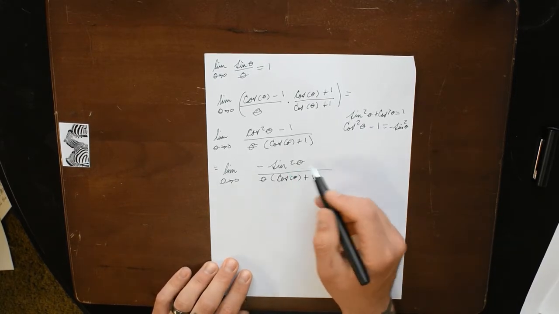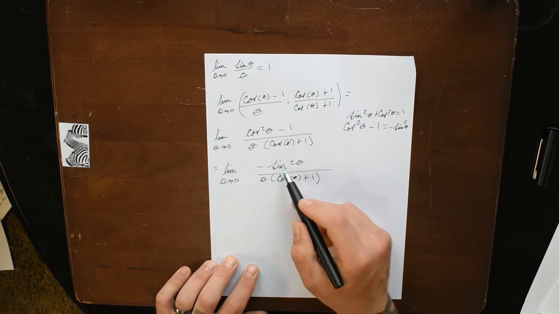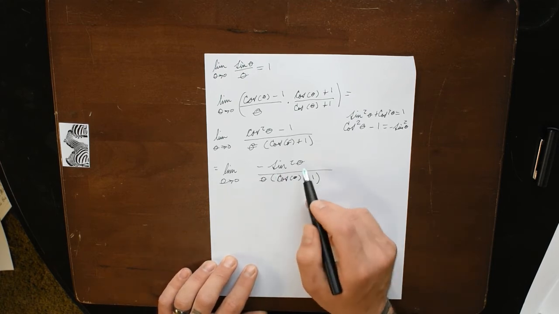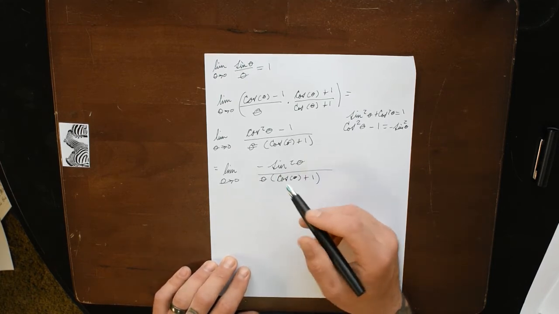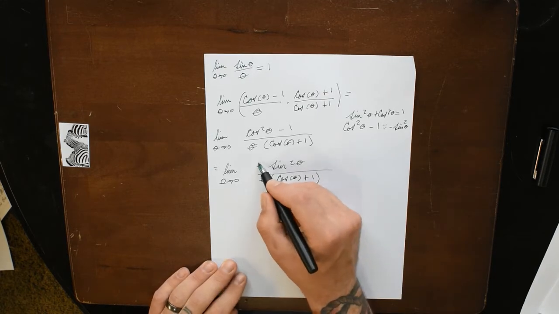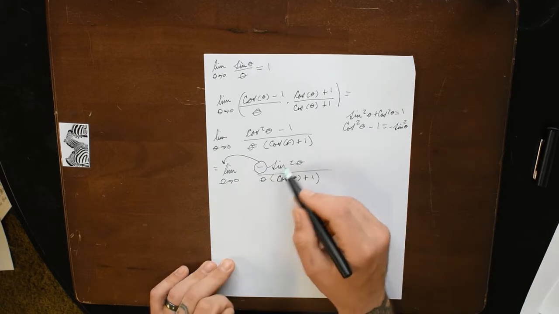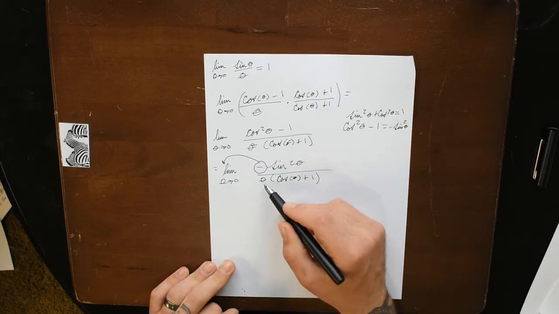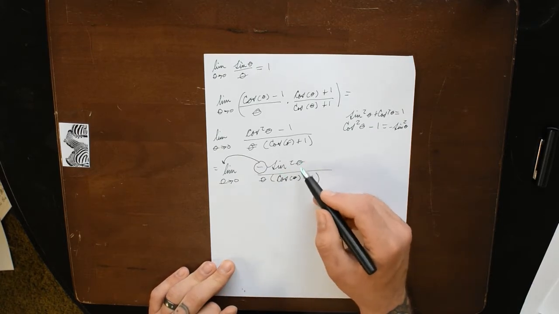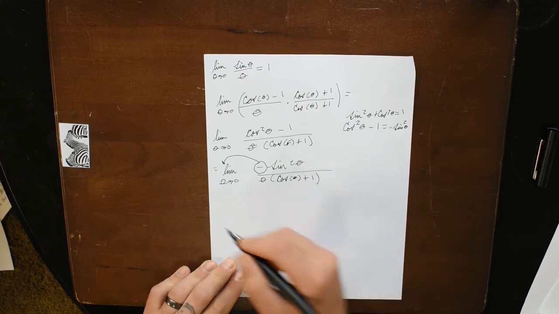So let's take a look at what we have here. We can regroup our numerator. After all, this is sine of theta times sine of theta times a minus 1. For convenience's sake, I'm just going to pull this minus sign up and out, and I'm going to group one of these sines with one of these thetas, and I'm going to group another one of these sines with this cosine of theta plus 1.